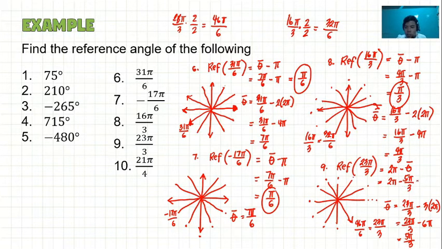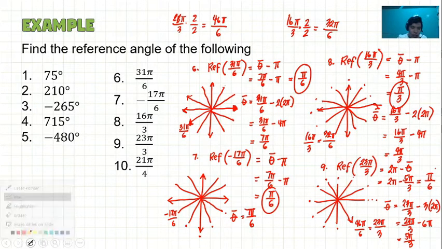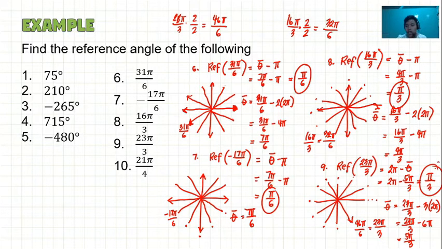And this is equal to, so 3 times 2 pi is 6 pi minus 5 pi. So we have pi over, over 3 pala. So over 3. So this is pi over 3. Okay, so this is now our reference angle.